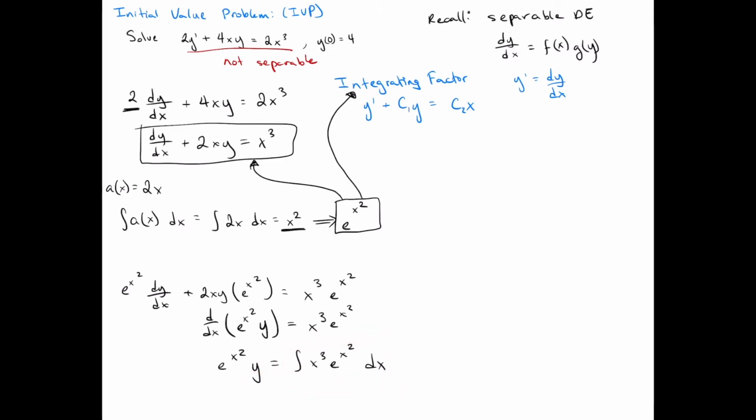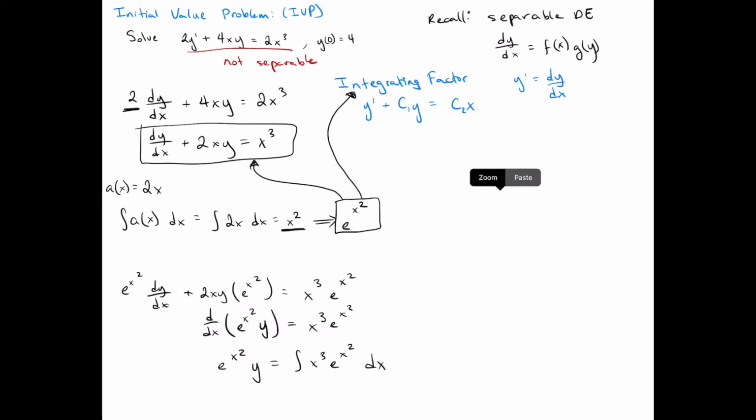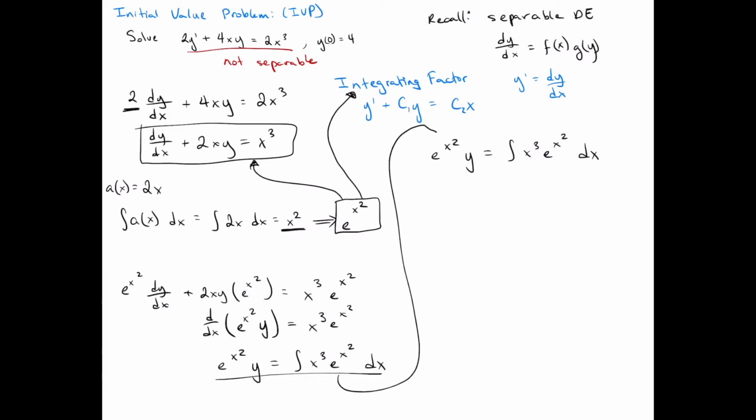So let me just copy this integral to here, so I have more space to work with. So simply copy this equation here. Okay, and then we will integrate the right side. So with this integral, let's see, we will perform u sub.